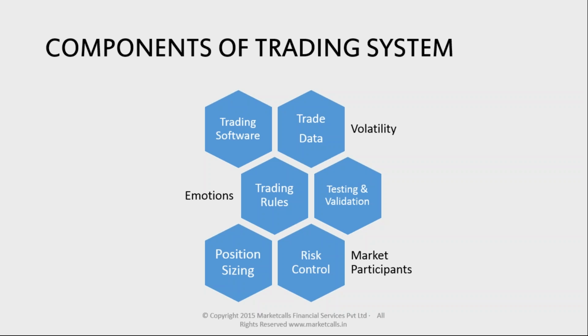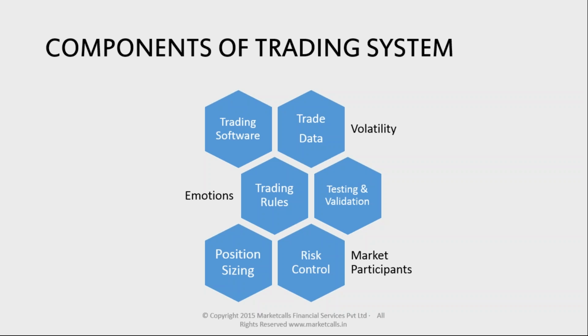As long as the rules are not so complex, as long as the rules can be mathematically represented, those rules can be coded in trading software like AmiBroker or any other software, right?